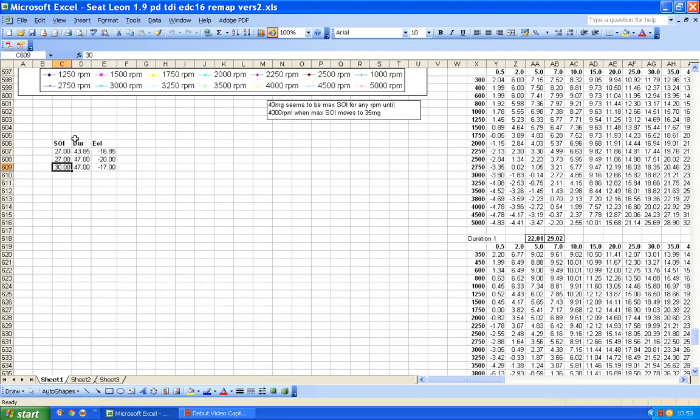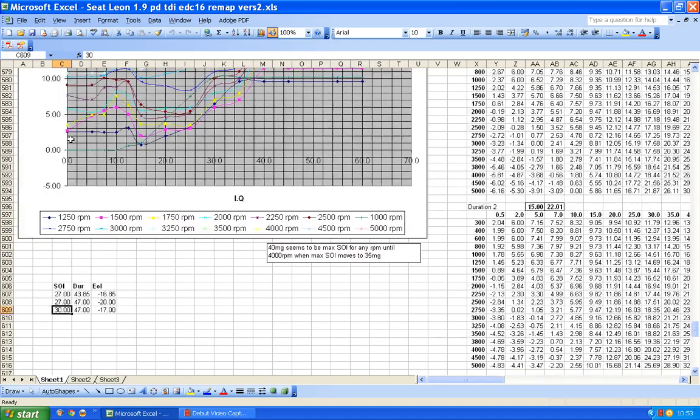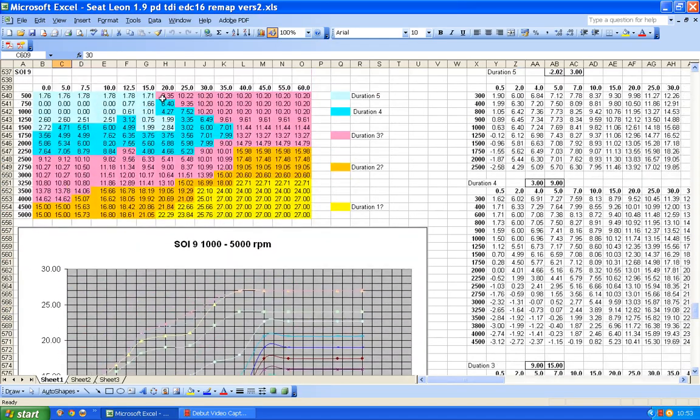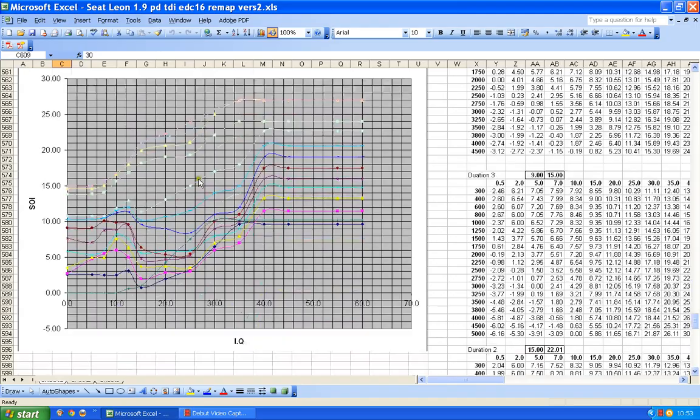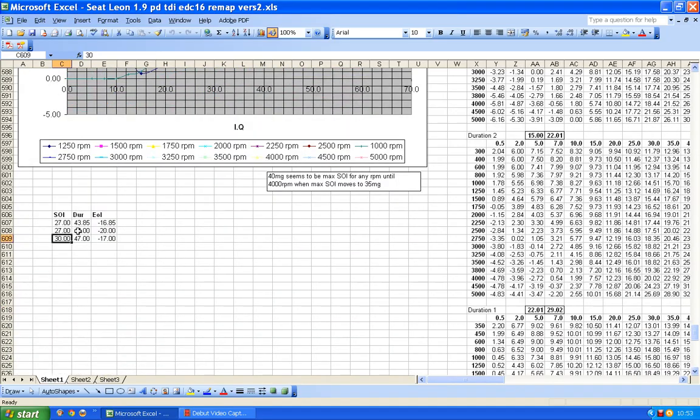So in other words, if you've changed duration and you now feel that you must change start of injection, you don't really change start of injection by changing start of injection, because what you need to do is look closely at your duration values, look closely at where that will leave your end of injection, and then look at where you might want to shift start of injection to allow that slightly longer duration.